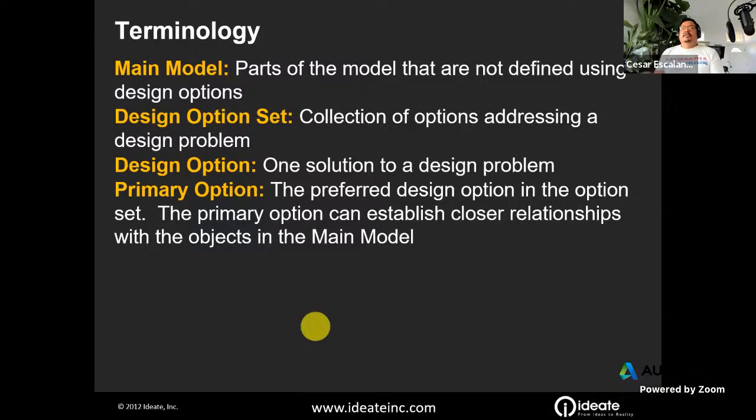But there's also a ramification to the primary option, is that a primary option establishes closer relationship with the object. In other words, if you have a corner connection between the main model and the primary option, these connections are going to appear seamlessly integrated with the primary option.